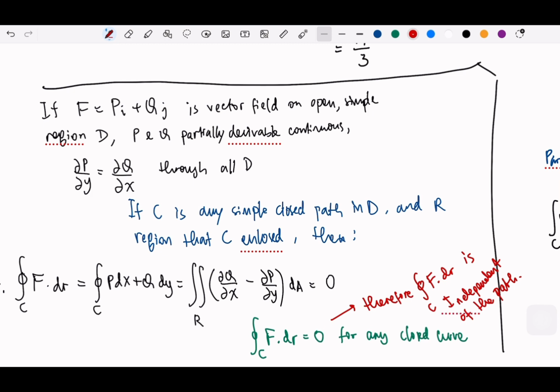So it follows that F is conservative. This could enhance our knowledge from the previous fundamental line integral on the independence of the path. So that's Green's theorem.